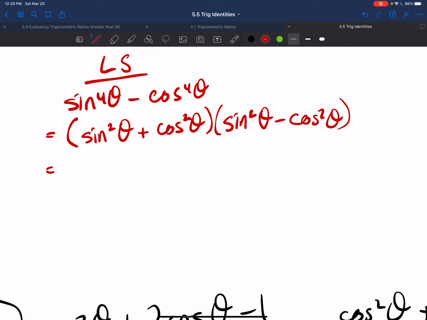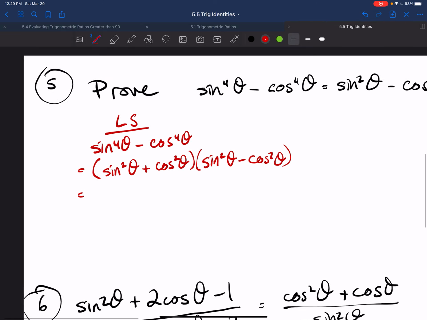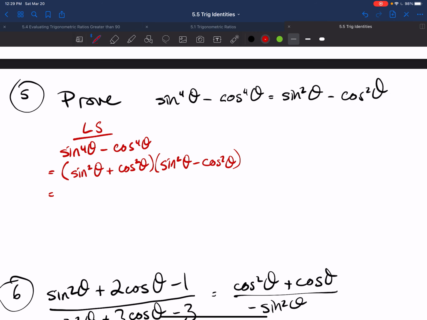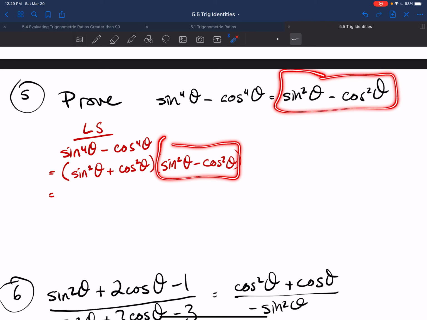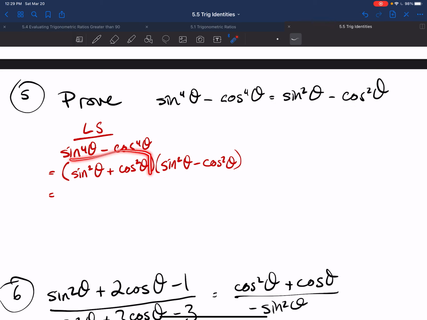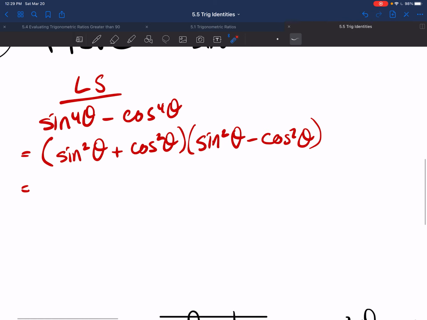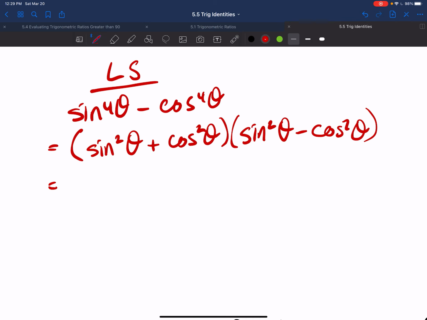Now I think, oh, what else can I do? I'm trying to make it look like sine squared theta minus cos squared theta, which we have here. So that's great. But I need to get rid of this because that's not on the right side. Now, the good thing is that's an identity.